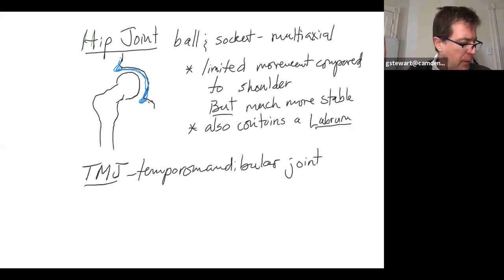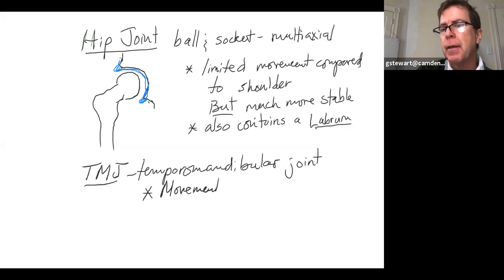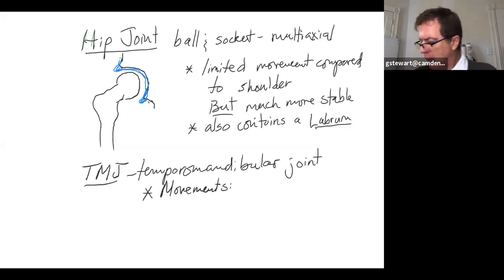I'll try to draw some pictures as best I can. First I'm going to list the movements, because there are many more than people think. We have the normal depression and elevation that you and I know when we open and close our mouths. Elevation would be closing the mouth.